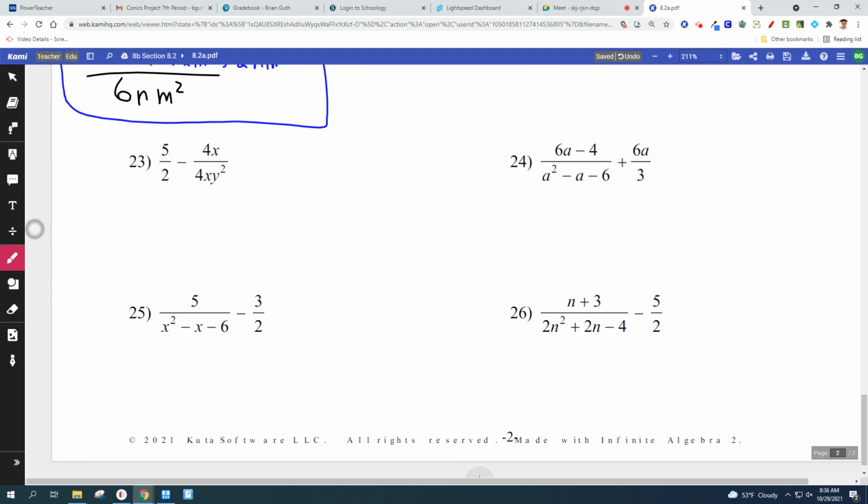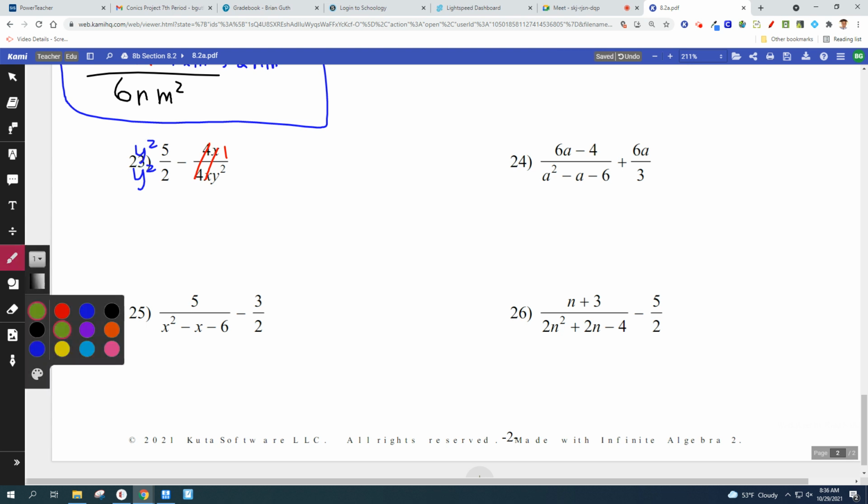Okay, almost done. 23. Do you see something to cancel at the beginning? The 4 is very good, and the x is very good. So I'm going to reduce that to 5 halves minus 1 over y squared. That's just going to make this a little bit easier to deal with. What's the one on the left need? Needs y squared. What's the one on the right need?